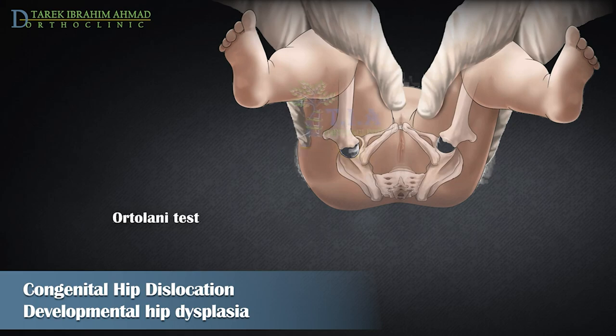Ortolani's sign is exactly the opposite. It is a test for dislocated hip reduction. When a newborn with a dislocated hip joint is examined, the femoral head is reduced into the acetabulum through the maneuver. The maneuver is performed with the child in dorsal decubitus with the hips and knees in the position of 90 degrees flexion, and the thighs in adduction with slight internal rotation.